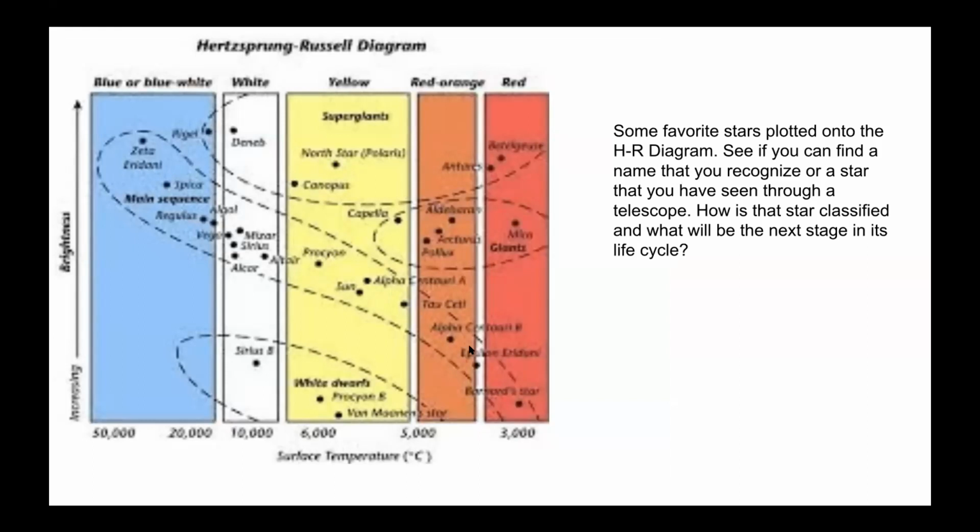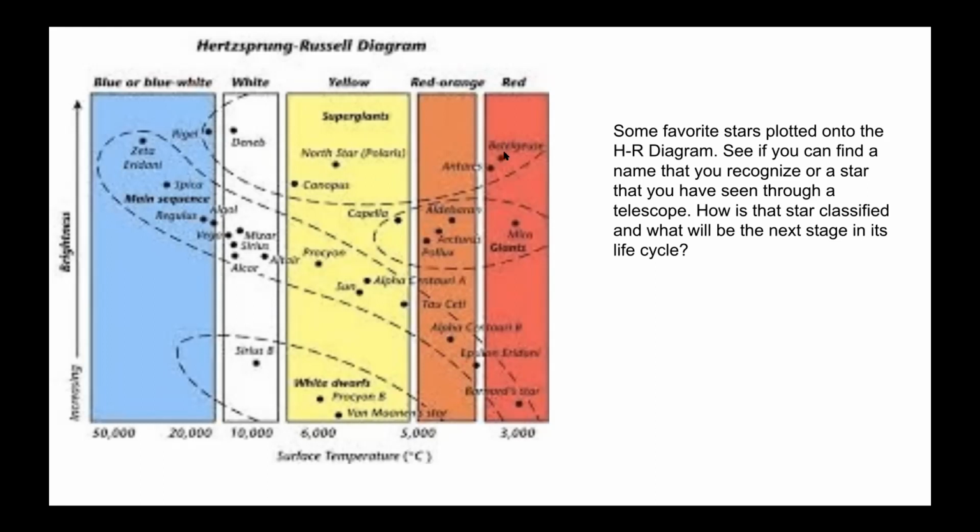One of the first things they noticed was that most stars were in this one line, going diagonally down, and that's why they call it the main sequence. Then we have some down here, the white dwarfs, and up here, the giants and supergiants.